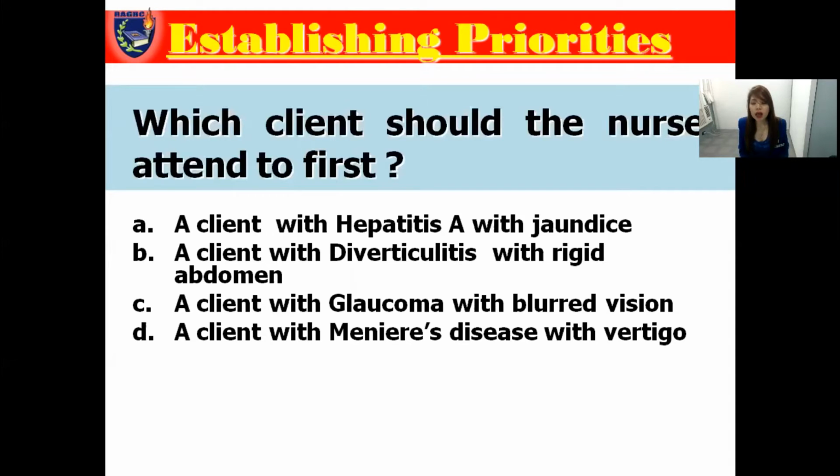So, in the event there is a manifestation of rigid abdomen, that can indicate rupture or perforation of the bowel, or that may also mean peritonitis, which is a complication.